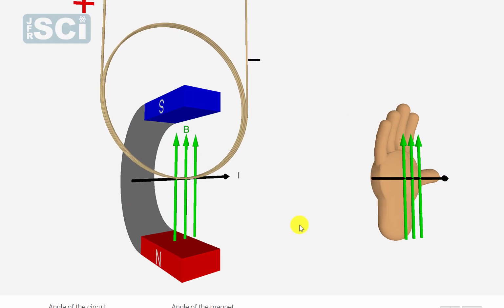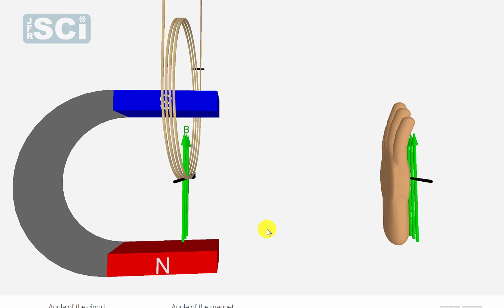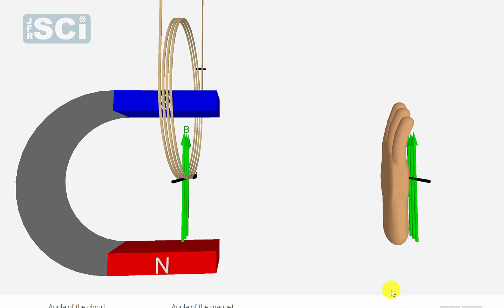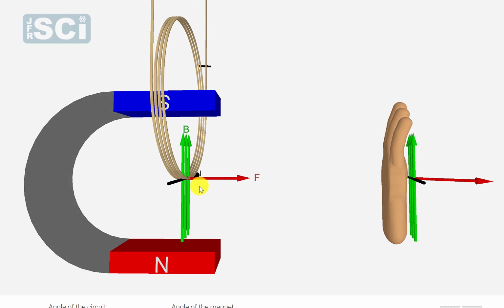And this is the third right-hand rule. It indicates that the direction that the force would act between these two counteracting magnetic fields would be the direction that your palm would face. So if we were to add that there, you can see that the force is acting out of this horseshoe magnet.